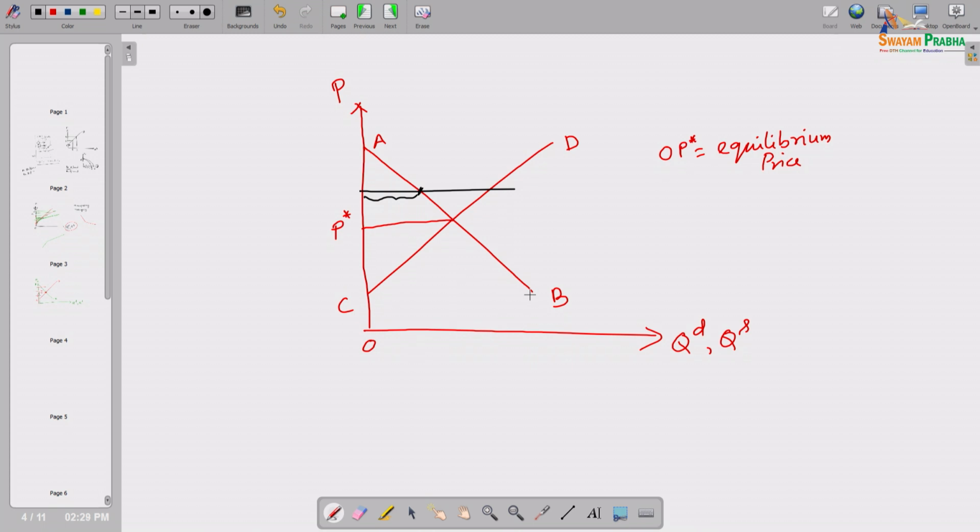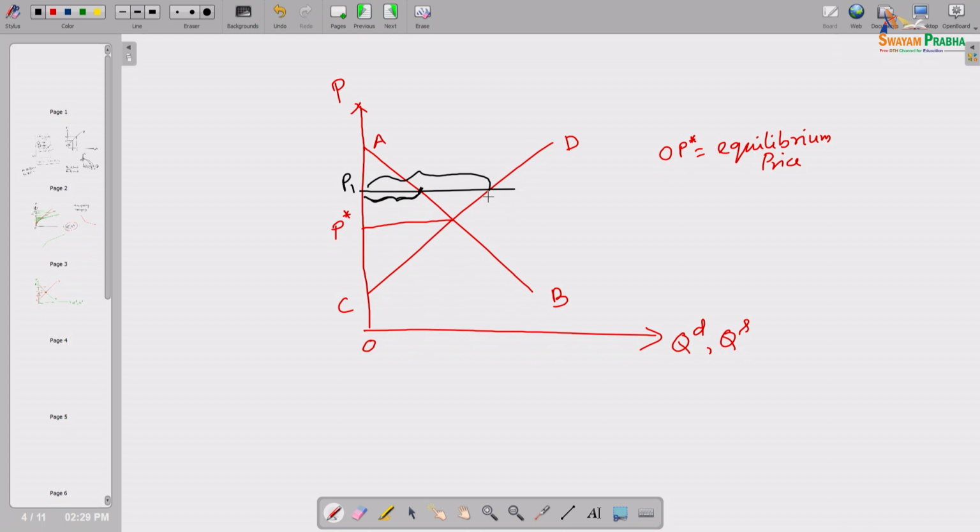The market demand curve AB is telling us that if the price level is OP1, this much is the quantity demanded of that product in the market, and this much is the quantity supplied. So, obviously quantity supplied is more than quantity demanded.